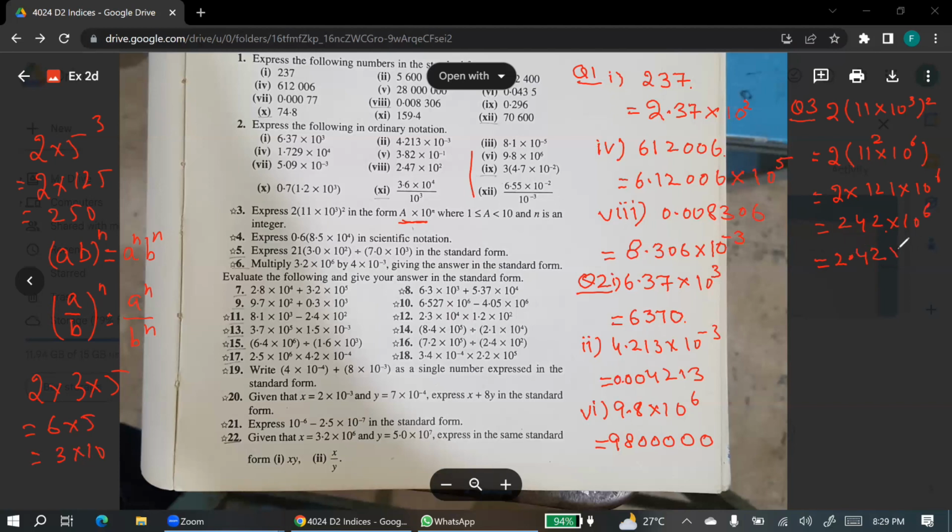To adjust this smaller number, we will have to multiply with a positive power or with a negative power? Positive power. So the final answer is 2.42 into 10 power 8.